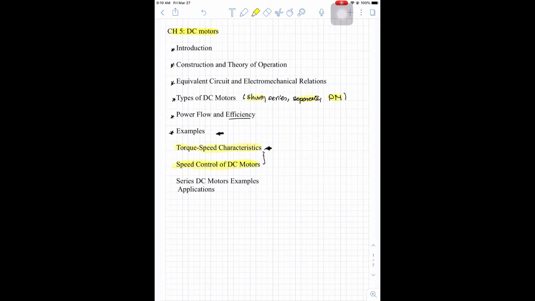In speed control of DC motors, we had three types: the armature voltage control, the armature resistance control, and the field control. Today we will continue the speed control of DC motors, and we will solve a couple of problems before going to DC series motors and examples.